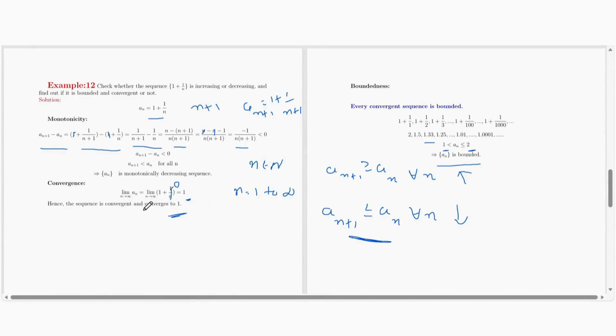Limit n tends to infinity a_n means as we move towards infinity, the value of the sequence approaches the value 1 but never goes below 1. So also from this pattern you can observe that the given sequence is bounded, between 1 and 2. 1 is the lower bound and 2 is the upper bound. Hence, the given sequence is a decreasing sequence, a bounded sequence and a convergent sequence. This is the conclusion of this problem.